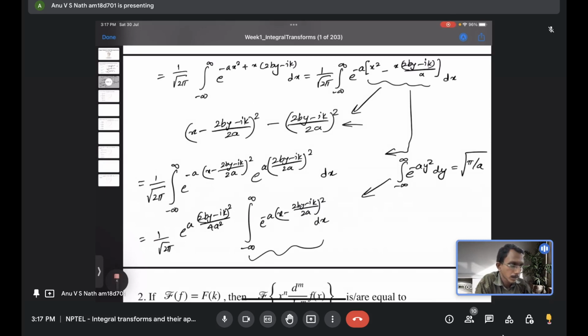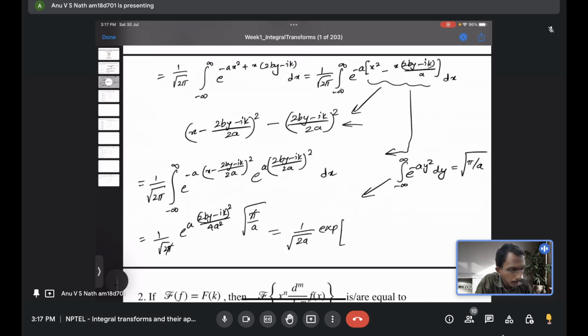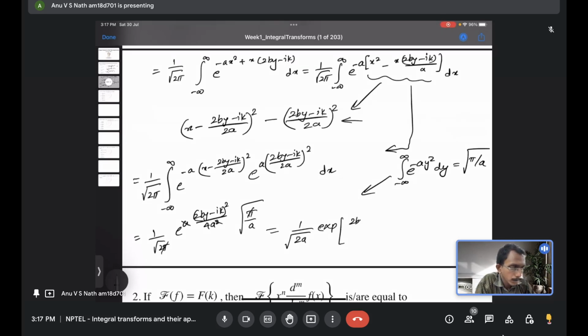We will replace this integral with its value, which is square root of pi by a. Now if we cancel this square root pi, we can write it like 1 by square root of 2a times exponential of. Also remember in the exponential this a and one of the a from the denominator will cancel, then we will get 2by minus ik, the whole square, by 4a. So which is the solution.